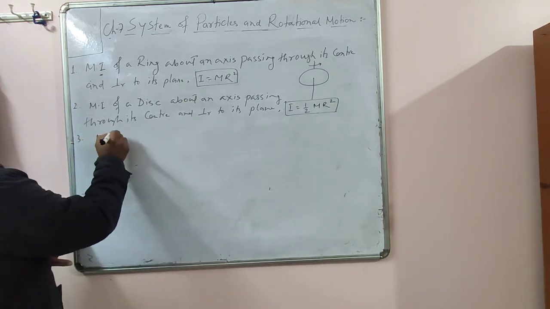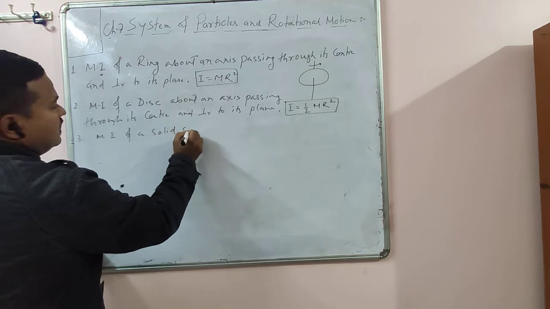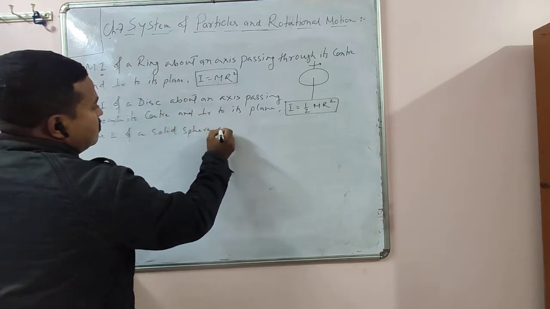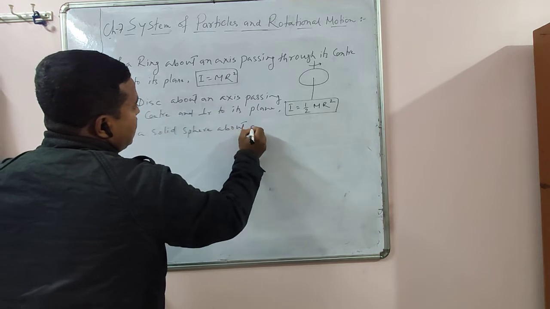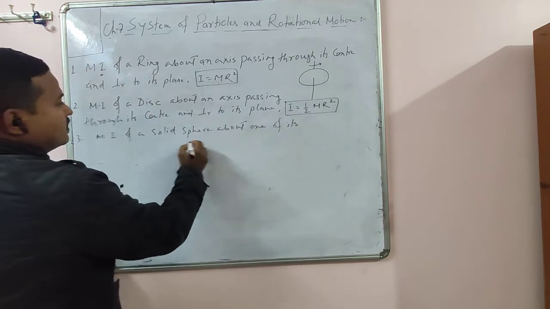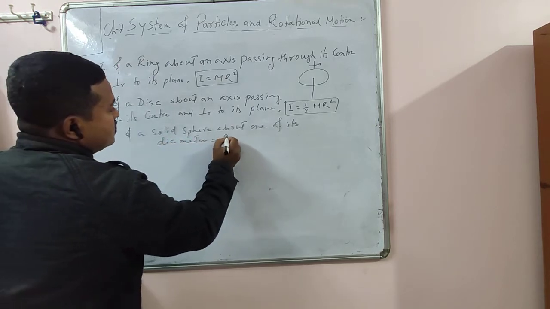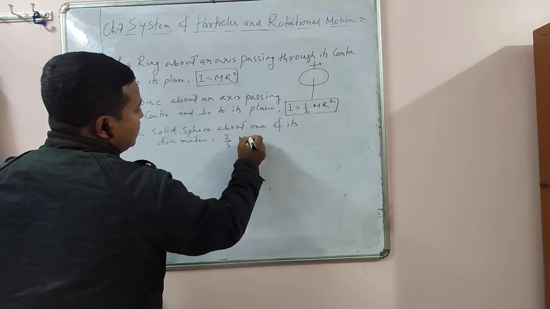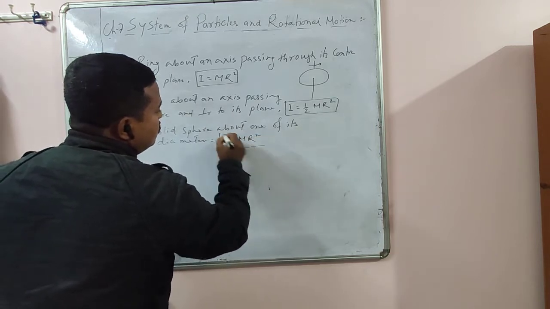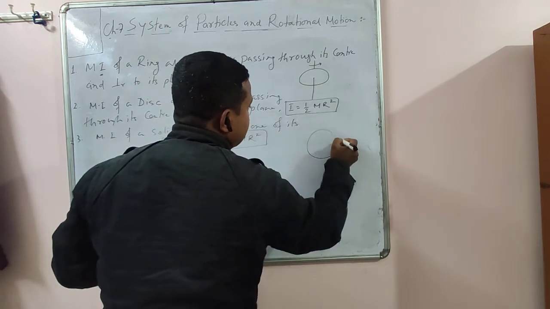Thirdly, the moment of inertia of a solid sphere about one of its diameters. The value is 2 by 5 mr square. For a solid sphere, whatever axis you draw passing through the center will be a diameter.